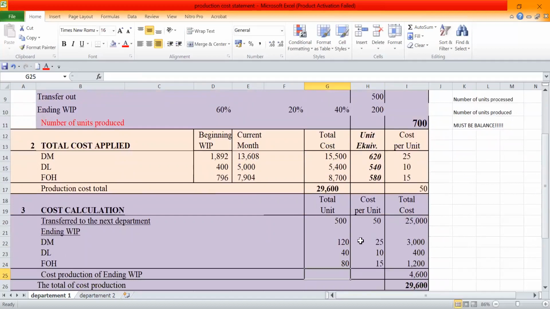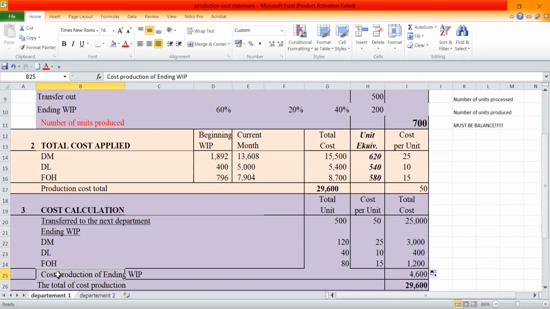And then for the cost per unit, we just enter the information from the second part: the cost per unit for direct material is 25, 10 for the labor, and 15 for the factory overhead. And then for the total cost, we multiply the total unit in here with the cost per unit, right? And then we drag it.